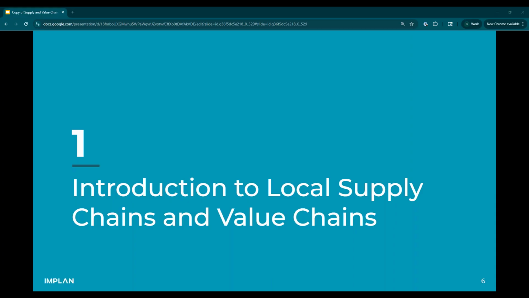We're going to dig into the data underlying IMPLAN's input-output model to gain additional understanding of the aspects of a supply chain that affect regional economic impacts, and then explore regional value chains to better understand the impacts of product distribution and sale. And this is all going to be done in light of changes to tariff policies.